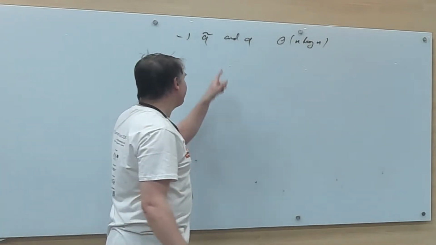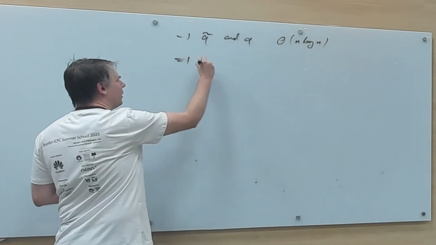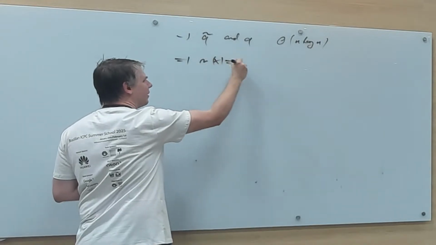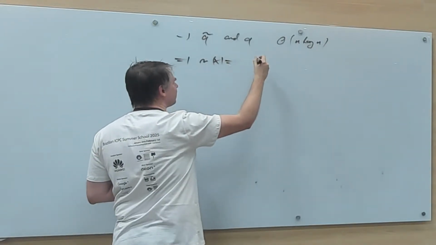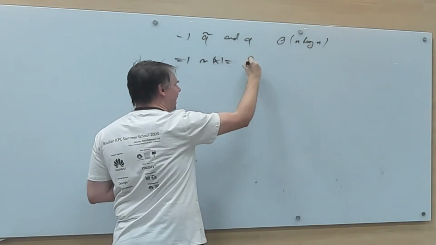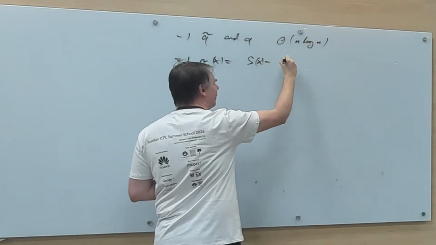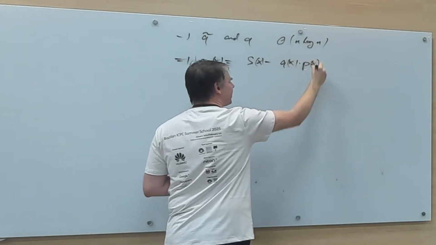Okay, after you have Q, you can just compute R, which is S(x) minus Q(x) times P(x).